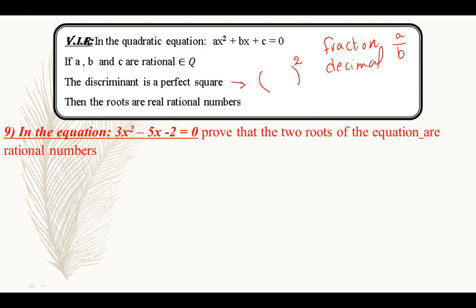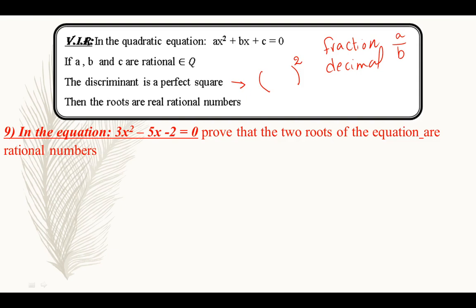Okay? Here you have a equals 3, b equals negative 5, c equals negative 2. The discriminant is b² − 4ac. 3, negative 5, negative 2, all of them are rational numbers.